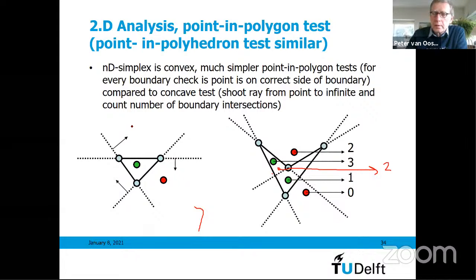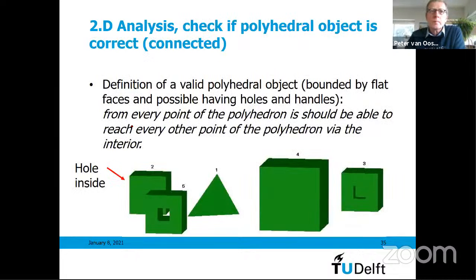For a convex object, like a triangle and the tetrahedron, the test of being inside or outside is super simple. Another important question is: is the object interior connected? That makes it one object. So you should be able to go from any point inside or on the boundary of the object to any other point inside or on the boundary of the object via the interior.